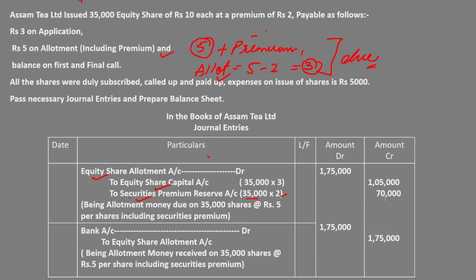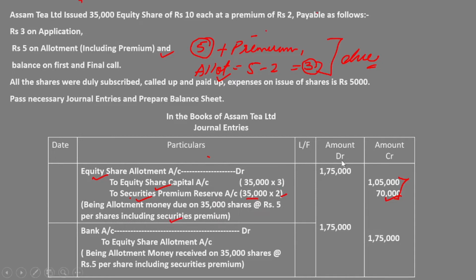Multiply, and you will get 70,000, and the remaining, that is 3 for allotment, will be multiplied with 35,000 shares. The value will be 1,05,000, and the sum of these two will be 1,75,000, which we have to write on equity share allotment. Your narration will be: being allotment money due on 35,000 shares at the rate of rupees 5 per share including securities premium.